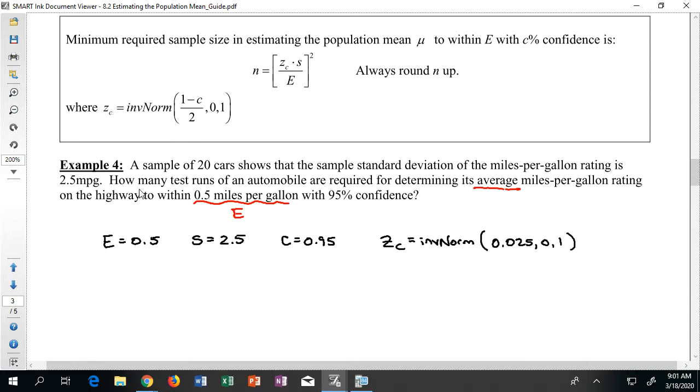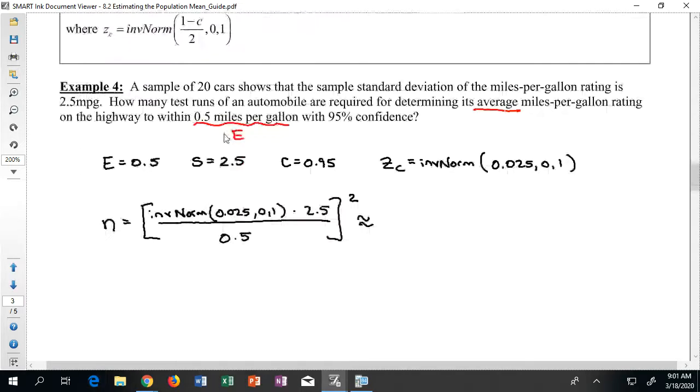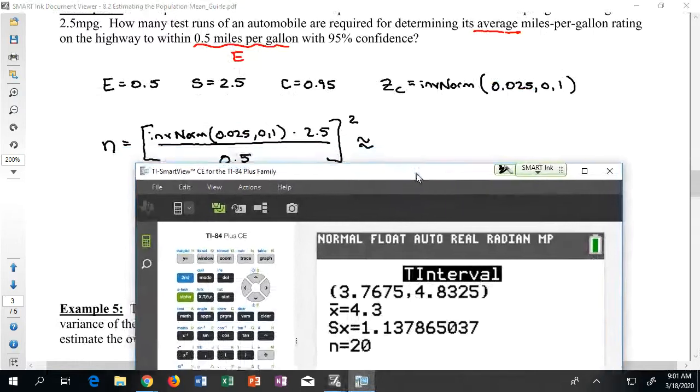Okay, great. This is all the information that I need to fill in the formula. So N is going to be equivalent to taking this inverse norm, multiplying it by 2.5, dividing it by 0.5, and then squaring the entire result. I'm going to go to the calculator to figure out exactly what this is.